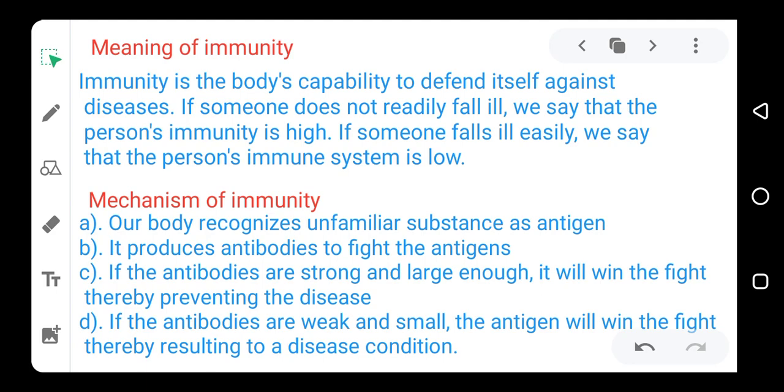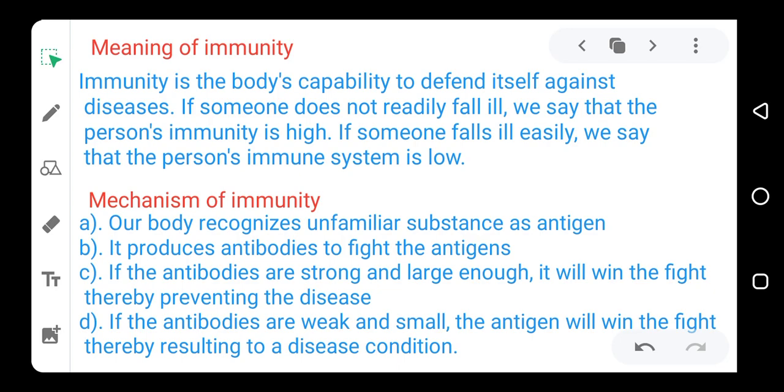So the antibody and the antigen, the two of them will engage in a fight. If our antibody is strong enough, it will win the fight and prevent the disease from affecting us, or prevent the disease from being formed. But if our body system is weak, or if our immune system is weak, then the antigen will be stronger than it.